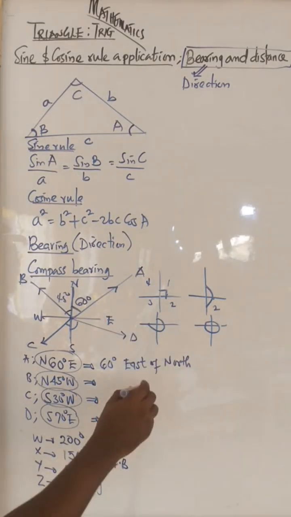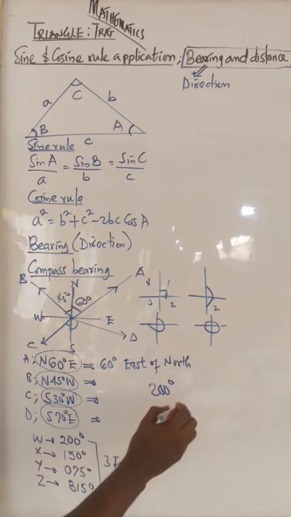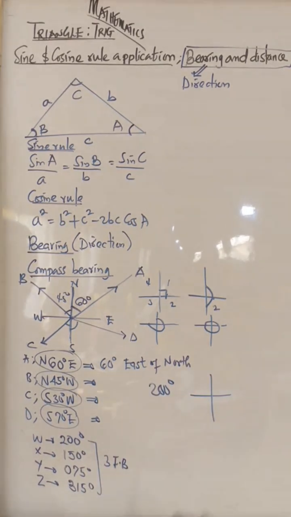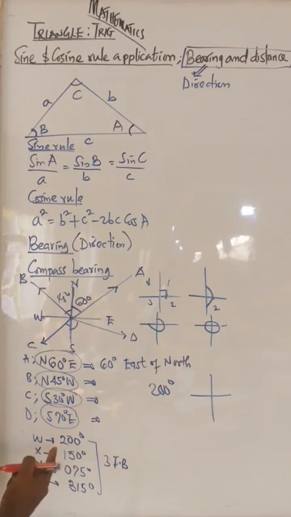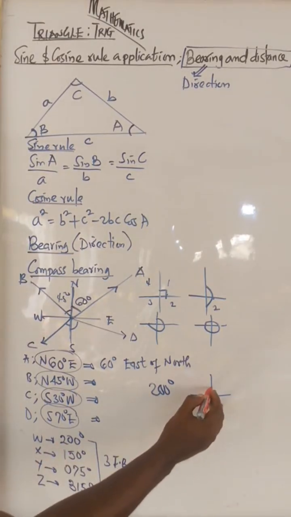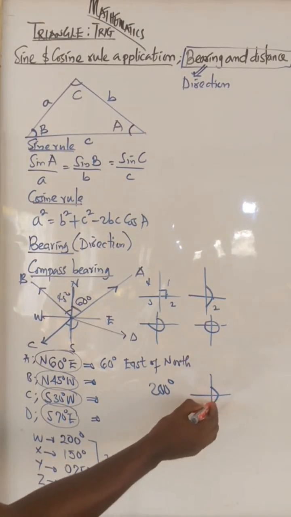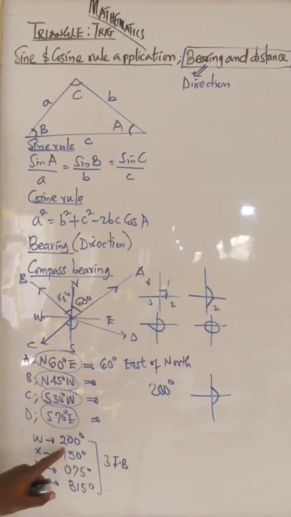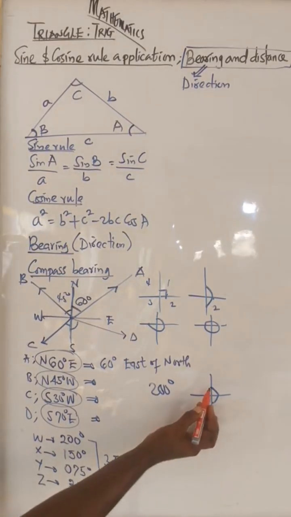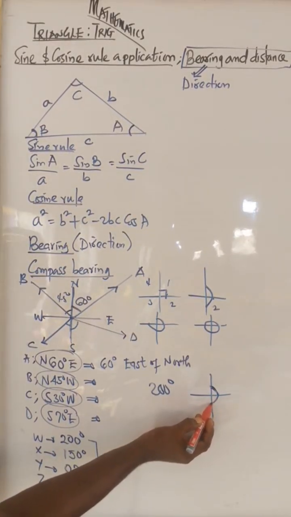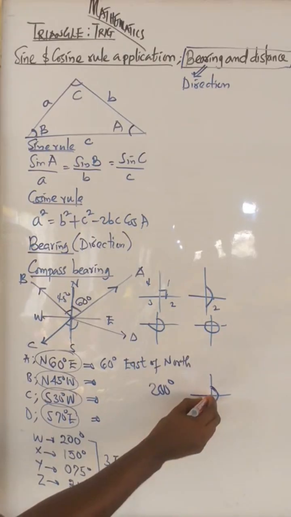So for the 200 degrees, we should do something like this. We start from the north, then we move clockwise. So this is 90, 180. If we remove 180 from 200, that is 20. So this is 180 plus extra 20. So we'll draw it this way.